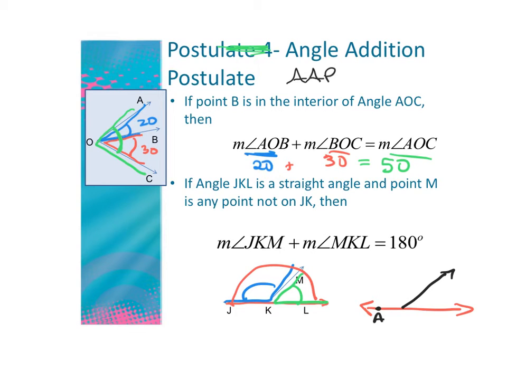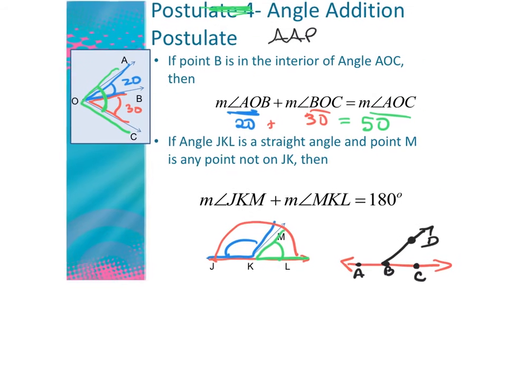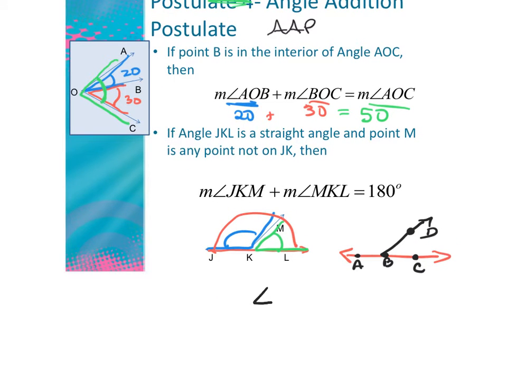Let's say A, B, C, and then D. So if I tell you that angle ABC equals 180, if it's a straight angle, then I know when I take ABD, let's say it's 110, then if I wanted to find BD, I could just subtract that from 180, and I can see that it's going to be 70 degrees.